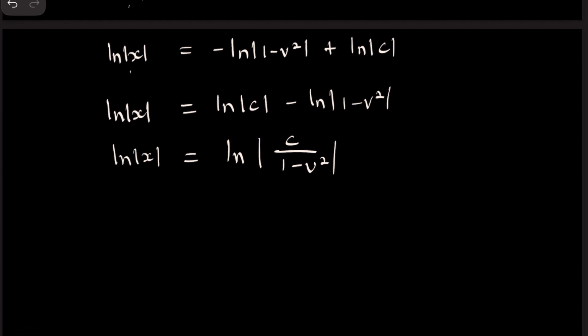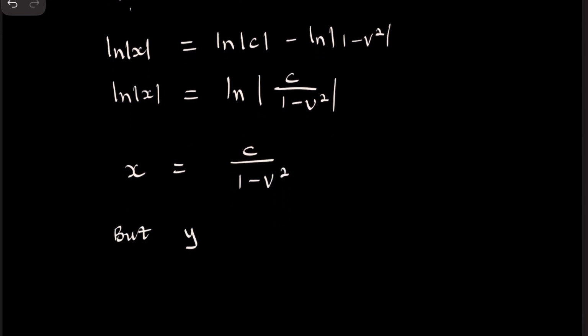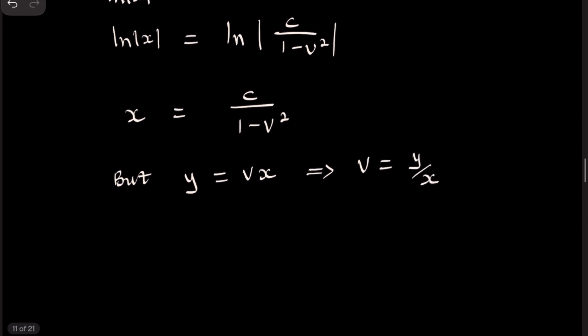We take exponents on both sides, so we are going to have x is equal to c on 1 minus v squared. But y is equal to vx, which implies that v is equal to y on x. And so our final answer will be giving us x is equal to c on 1 minus v squared, which is now y on x all squared.